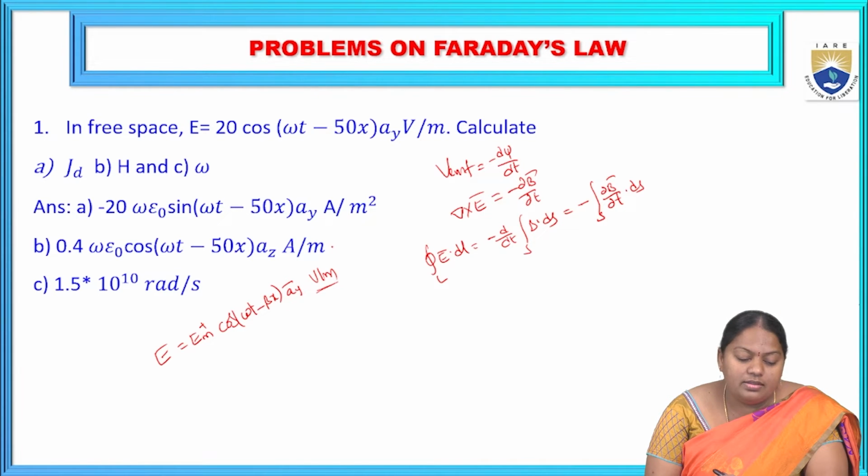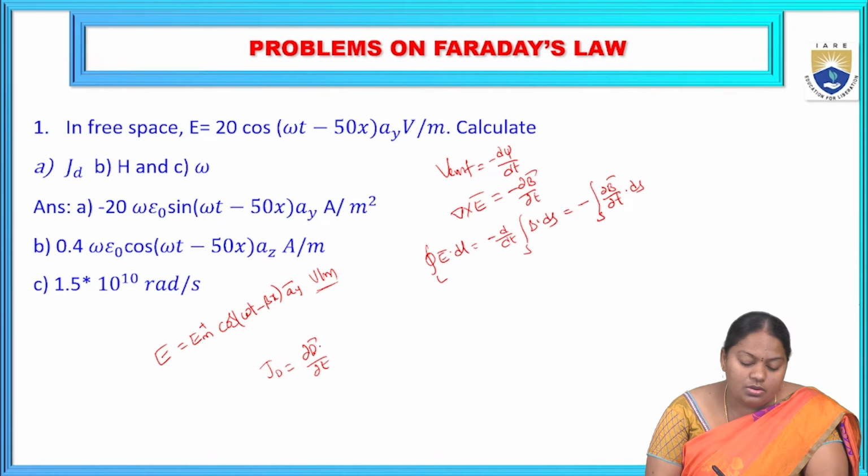Then from this, calculate JD, the displacement current density. Mathematically, we can write the expression for displacement current density as JD equal to dou D bar by dou T, where D bar is the electric flux density, or electric displacement.